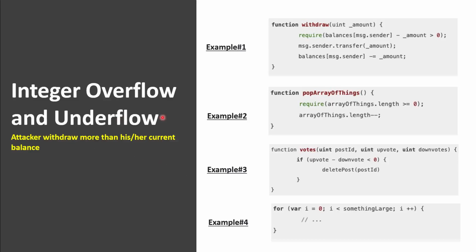Integer underflow and overflow is an attack that happens in more than just smart contracts, but here an attacker can take advantage of this to withdraw more than his or her account balance. The way this often works is a variable is set up as an integer, and a greater value is passed to that integer, which sometimes results in the smart contract wrapping the value as an unsigned integer.